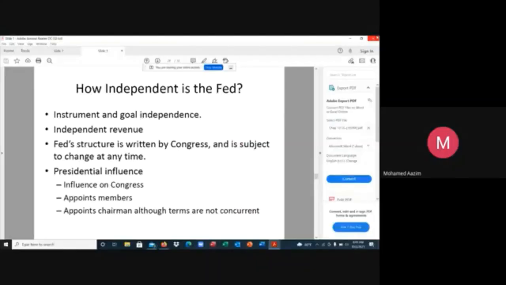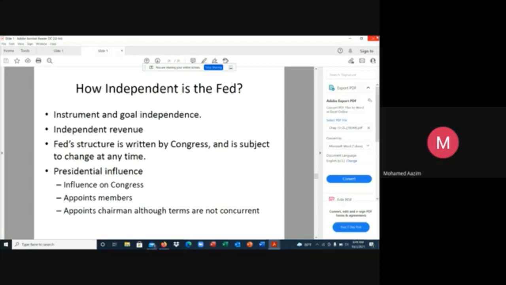Because broadly, the objectives set for central banks cannot be achieved overnight. These are long-term, and actions you take would not immediately yield results. That requires lead times. So the instrument and goal independence of central banks look very important in deciding what, after all, the ultimate objectives are that these institutions try to achieve.